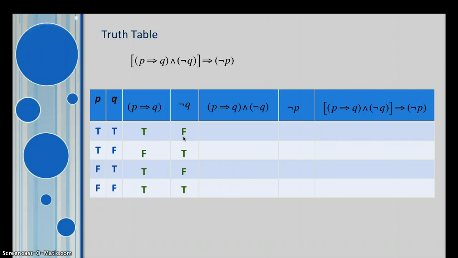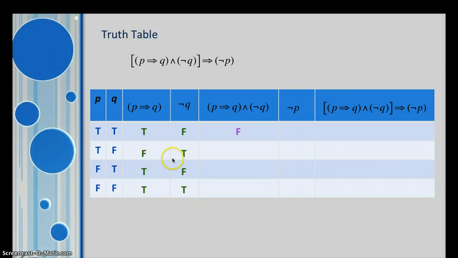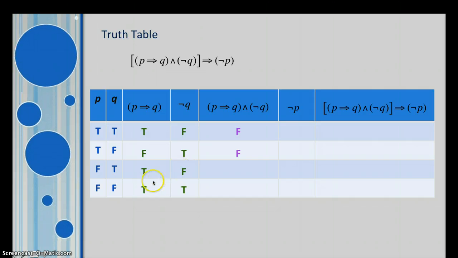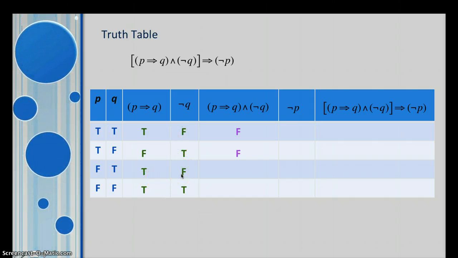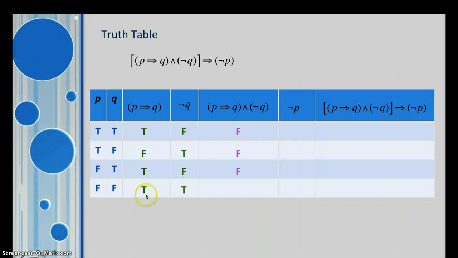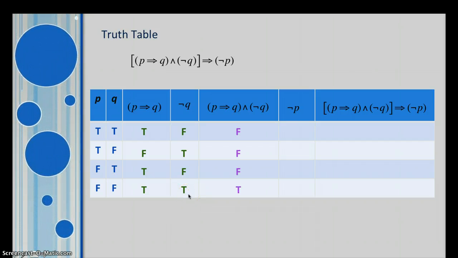If it's true and false, it's going to be false. The second one, false and true, it's going to be false. Now, true and false, it's the same as the first one, so we know it's going to be false. And then this one is true and true. So this is true.